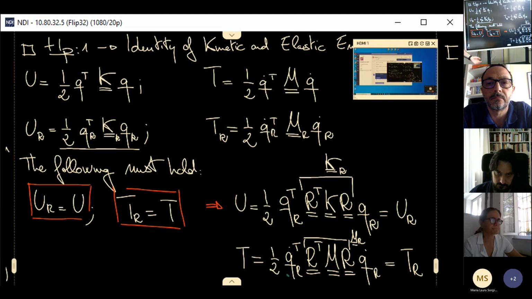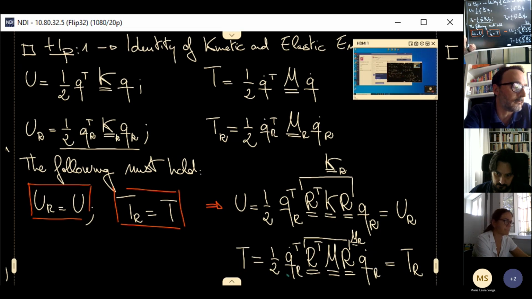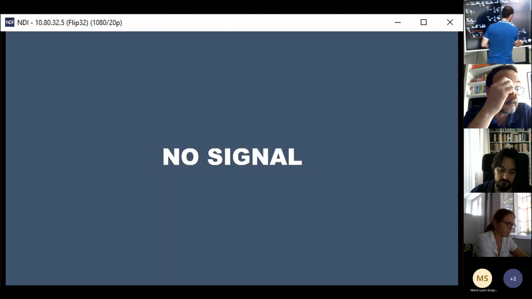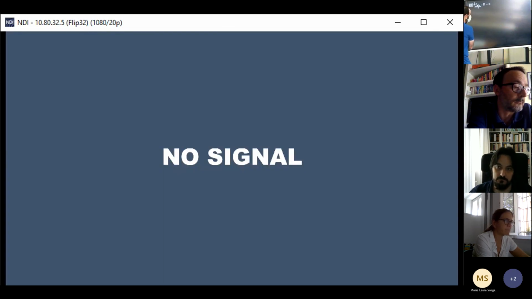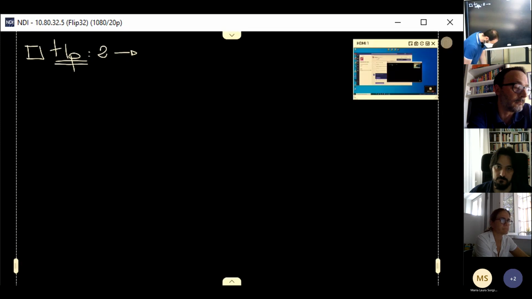So the reduced vector, our QR, will be the vector of master coordinates, and the slave will be basically embedded in our formulation. But there is a hypothesis in doing so. Let's see what it is.